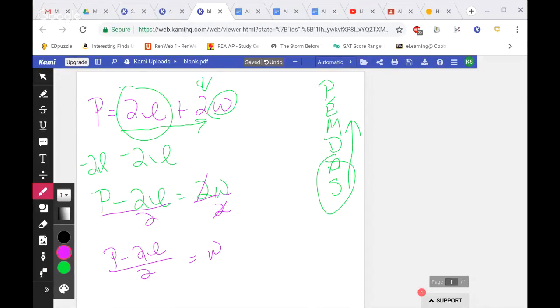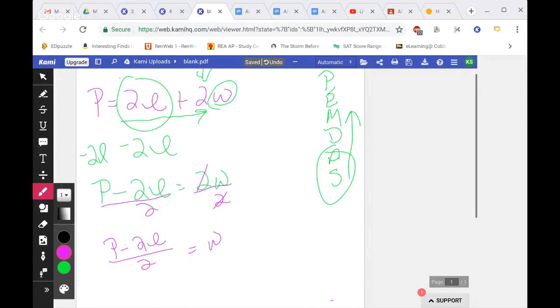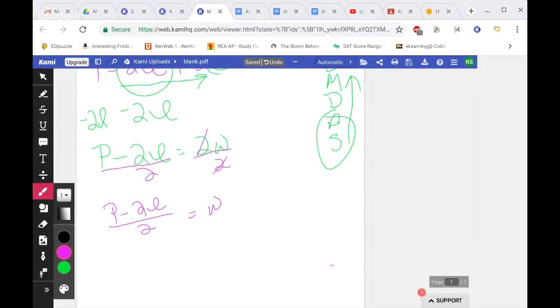So now what they're asking us to do is to use the rewritten formula to find the width of the rectangle. So I know that P equals 19.2, and I know the length equals 7.2. So I'm going to go with 19.2 minus 2 times 7.2 all over 2.